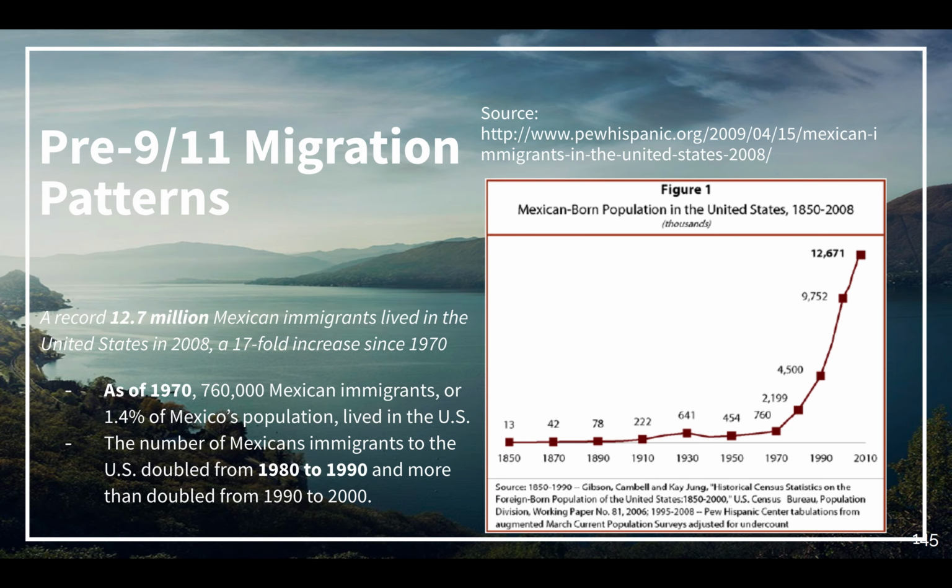And if you recall from our previous discussions, we talked about how the economic crisis triggered by the drop of oil prices led to the mass migration of people both within Mexico in search of new employment opportunities and also out of Mexico if they did not find those opportunities within the country.